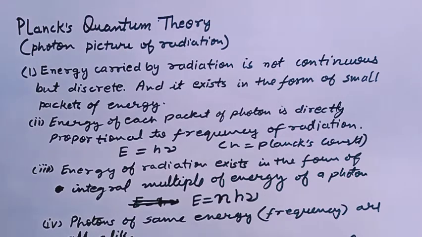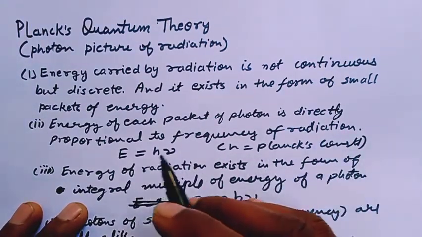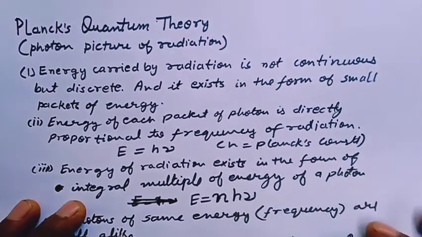It has some minimum value and integral multiples of that, and it exists in the form of small packets of energy. Energy of each packet or photon is directly proportional to the frequency of radiation, so E equal to h nu, h being Planck's constant.